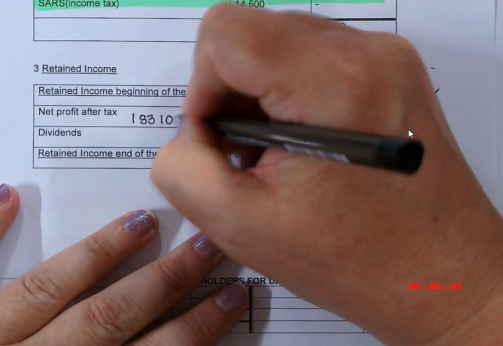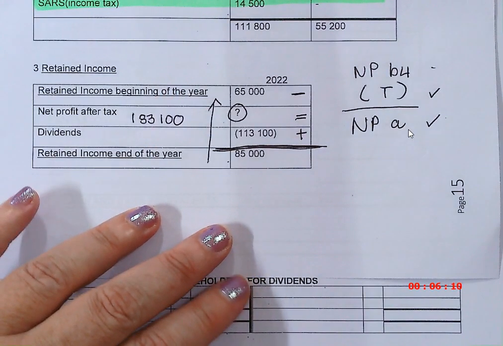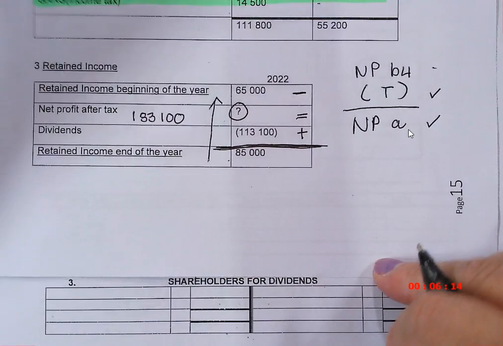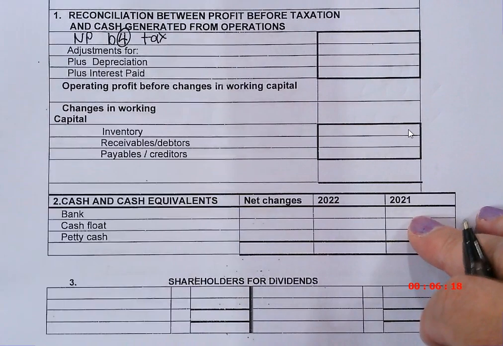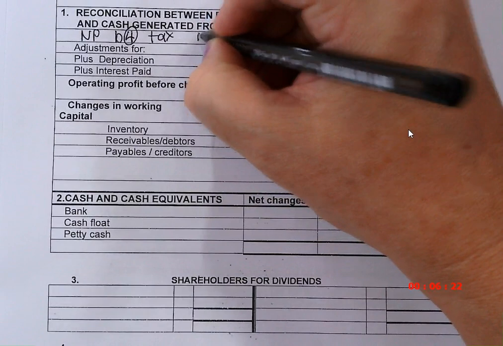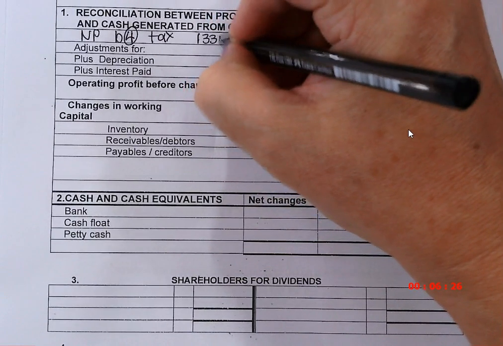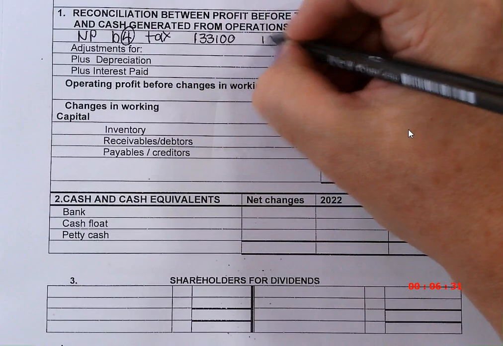Yes, 133, 100. Okay, so now I can calculate it in my answer. You know you've got the net profit after tax, 133, 100, and you know you've got tax, which they gave you, 108, 900.